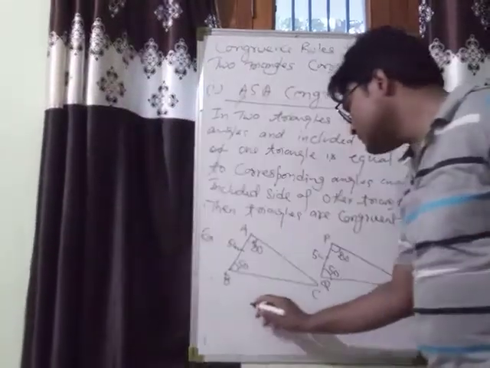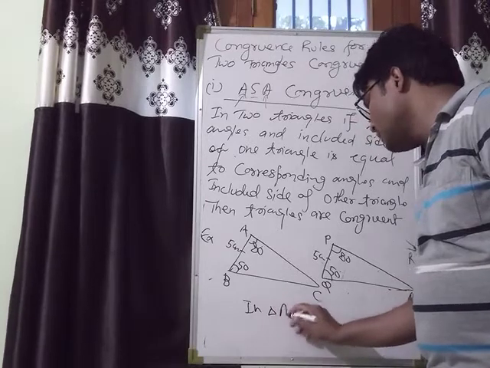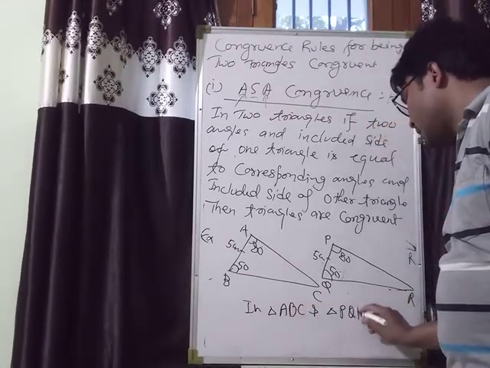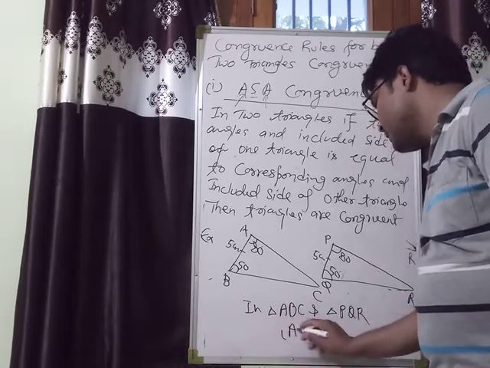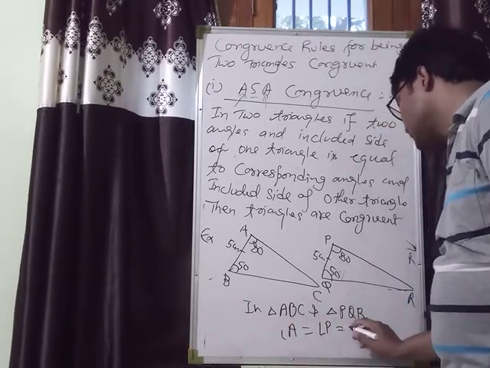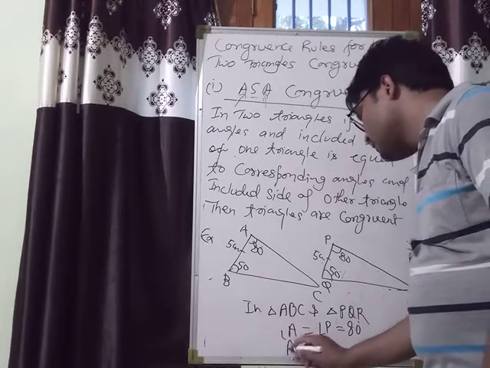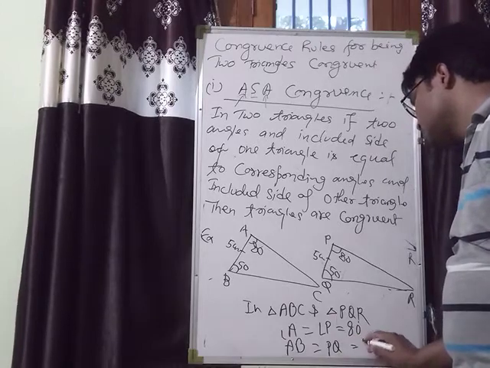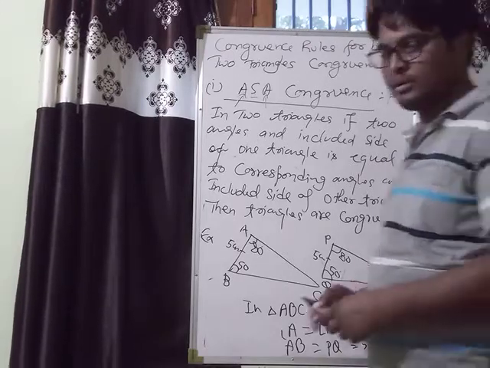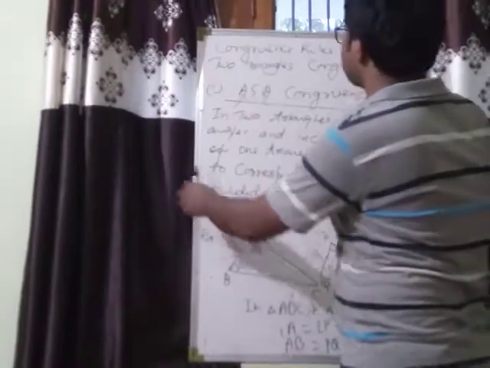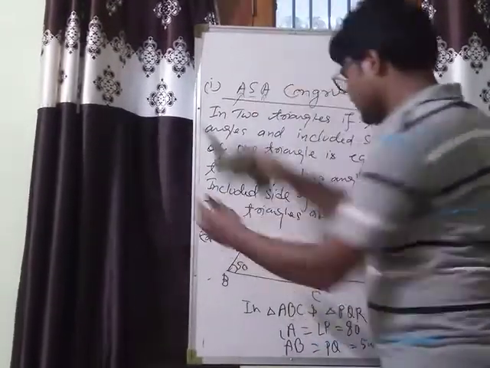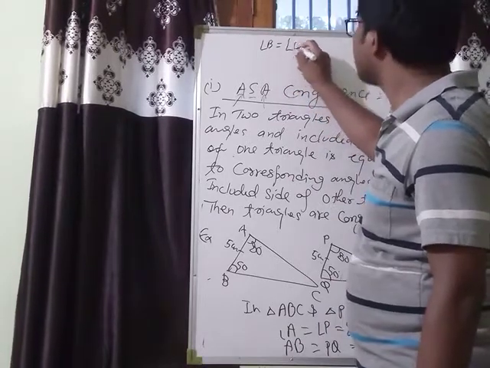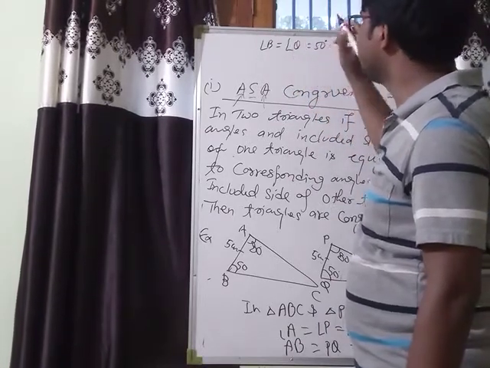So in triangle ABC and triangle PQR, angle A equal to angle P, both are 80 degree, AB equal to PQ, both are 5 centimeter, and angle B equal to angle Q, both are 50 degree.